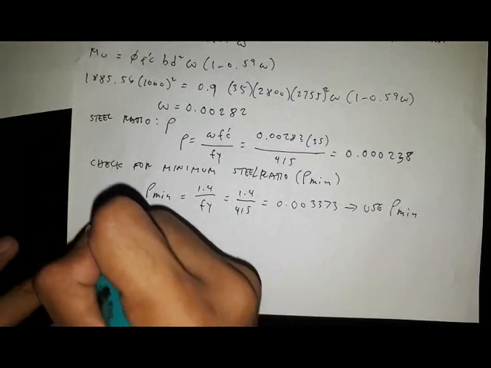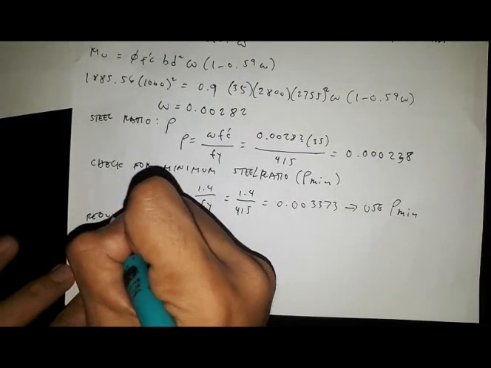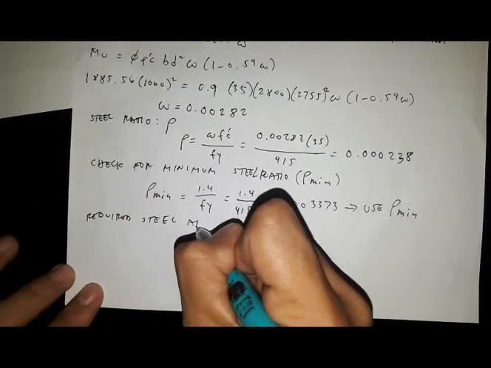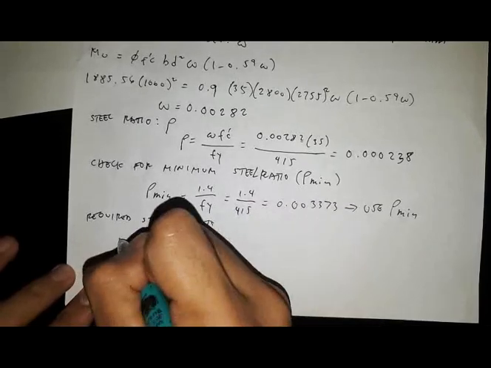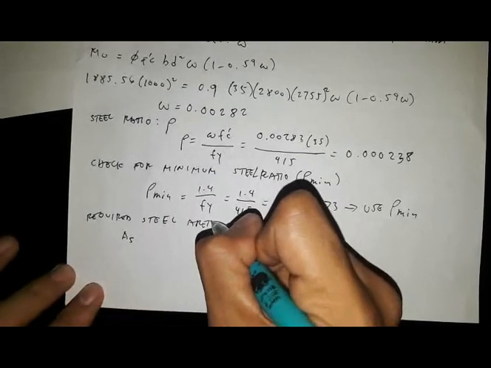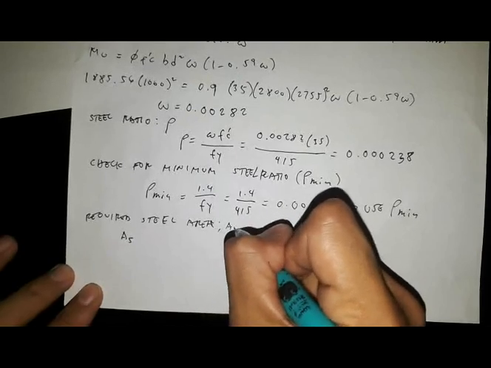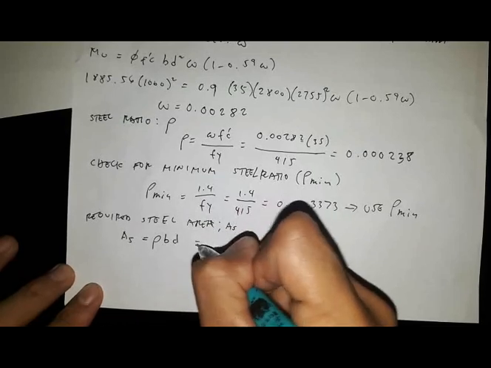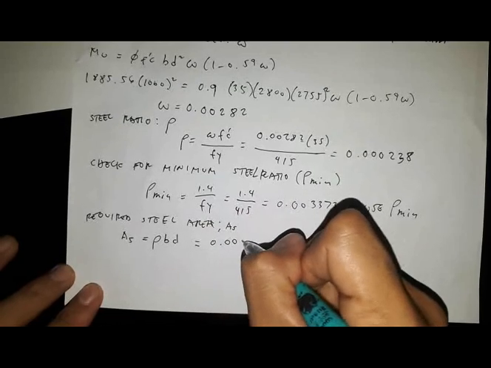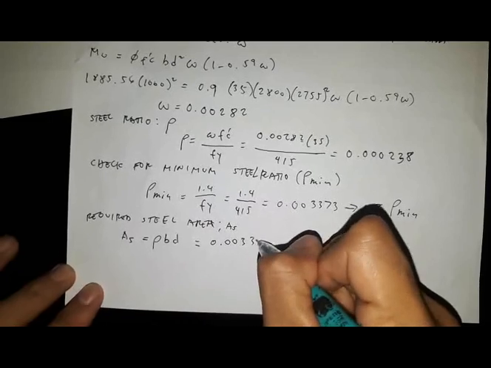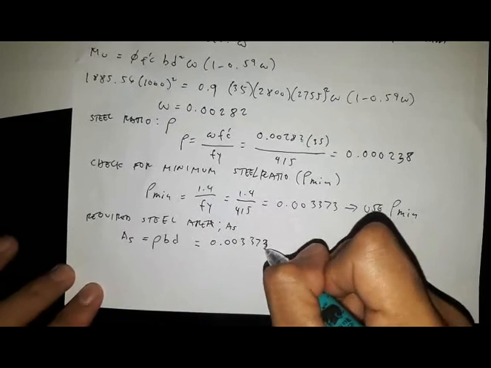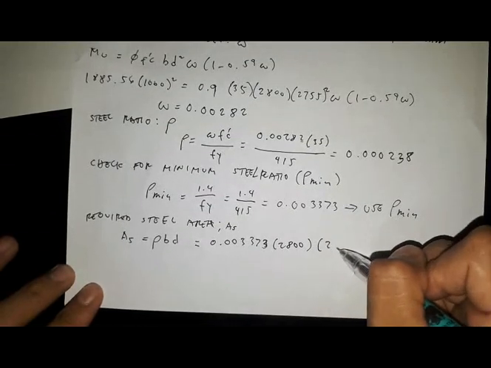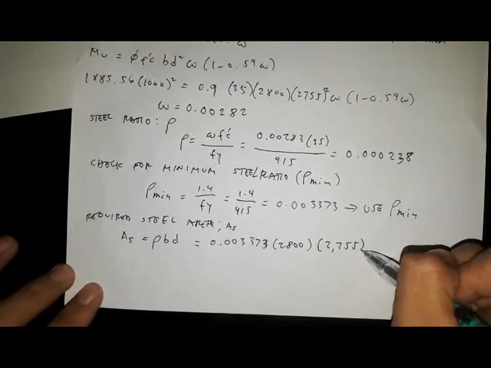So to solve for the required steel area, we have As equals rho b d. So that is equal to 0.003373 times 2800 times d of 2755.